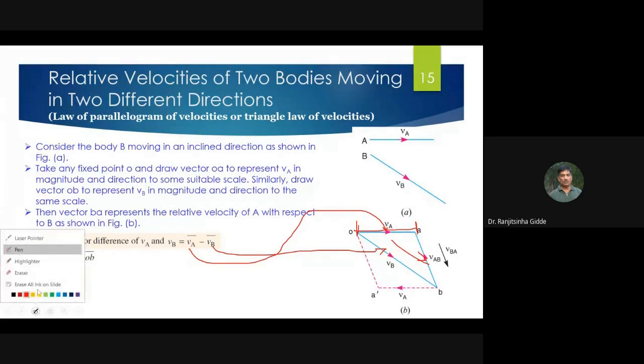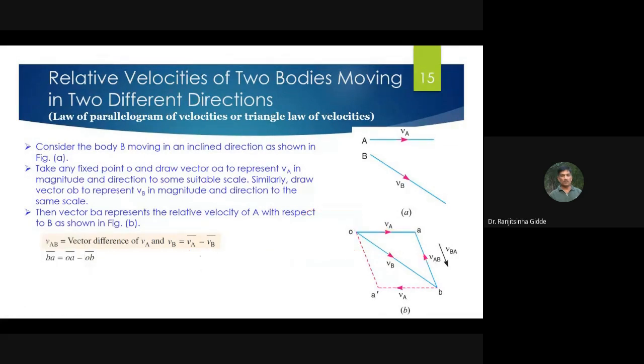So from the diagram itself, we got this. Then write down this VAB is equal to the vector difference of VA and VB is equal to this.